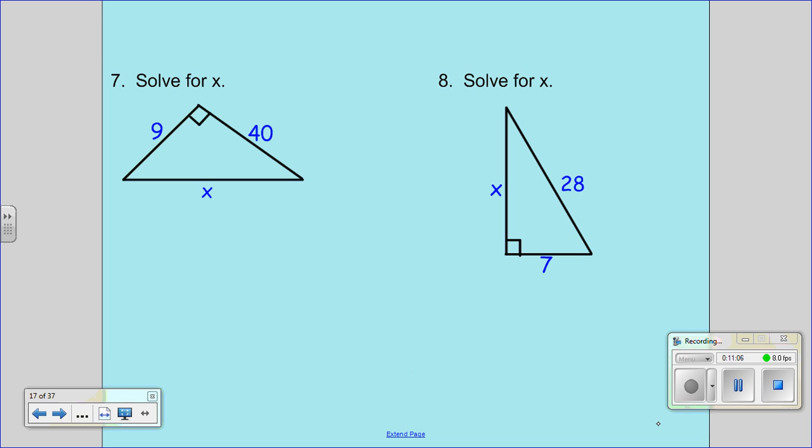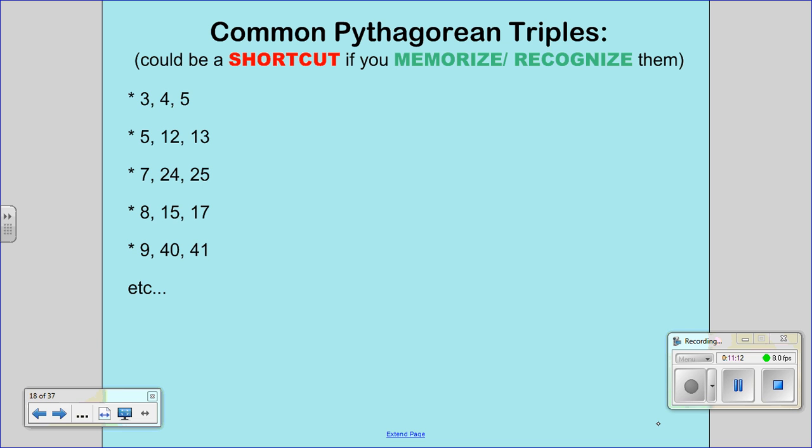Complete 7 and 8 on your own and take a picture. There's something out there called the common Pythagorean triples or Pythagorean triples. And you see below a list of some common ones that are used quite frequently.